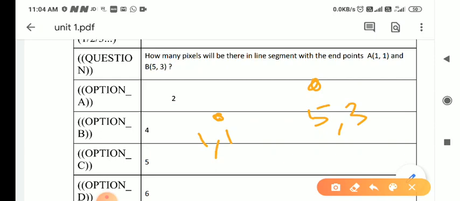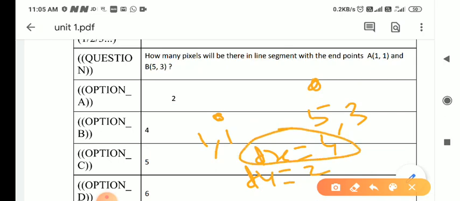We know that whichever value is greater, either dx or dy, we move along that value. The value of dx will be 4 and dy will be 2. So dx is more, so we are getting 4 steps.